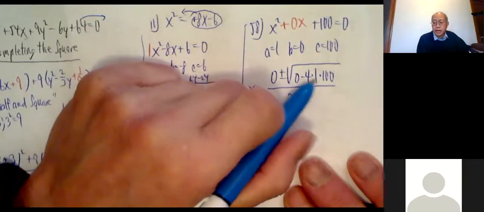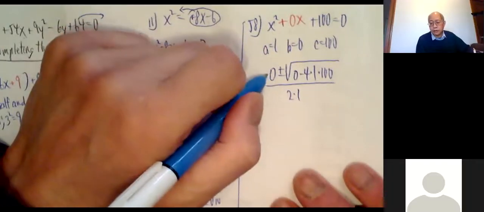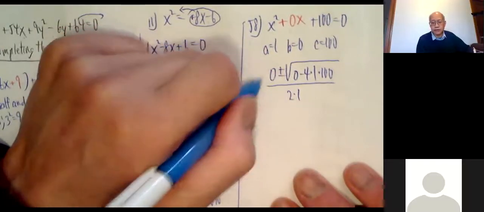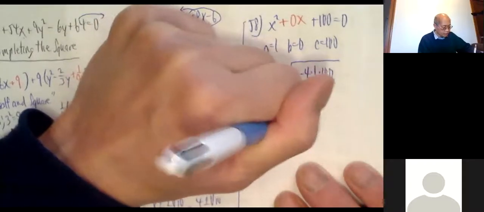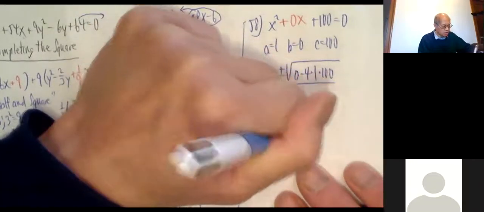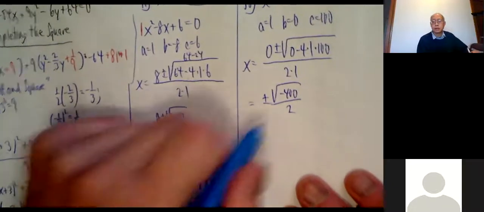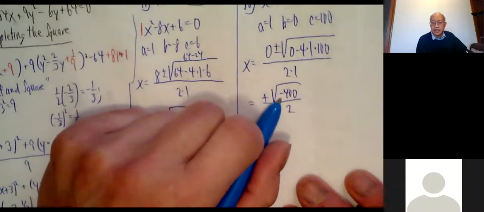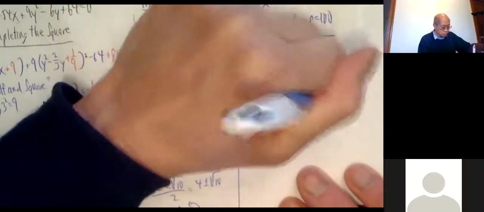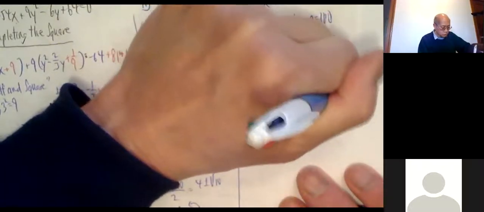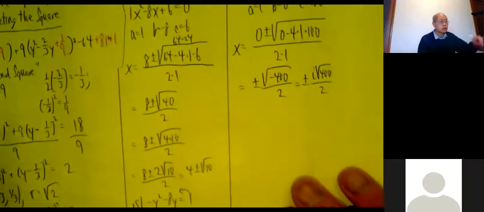So that's going to be what? Negative 400? And I don't even need the 0, right? Because 0 plus whatever, just forget about the 0. Plus or minus the square root of negative 400 all over 2. Take the minus sign out, it becomes an i. i radical 400 over 2.